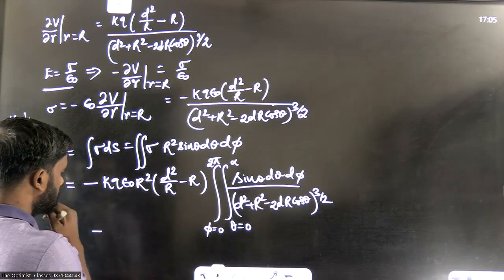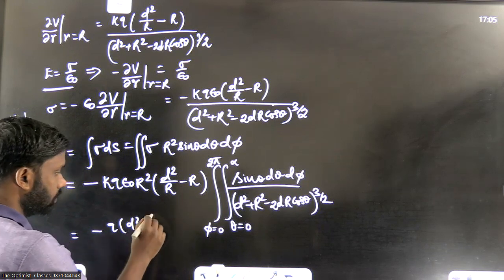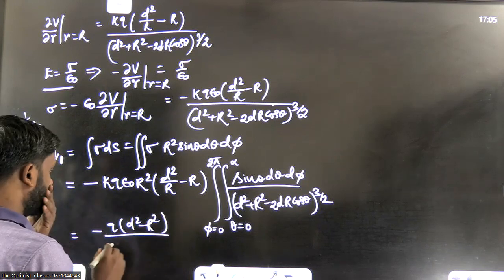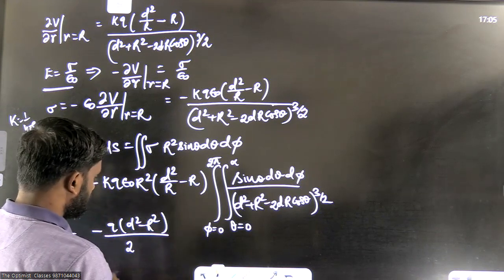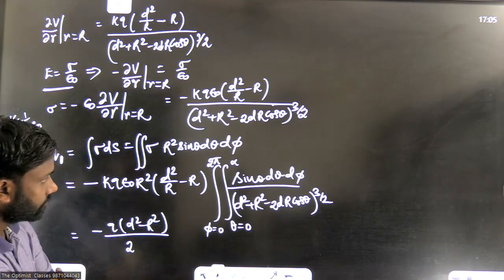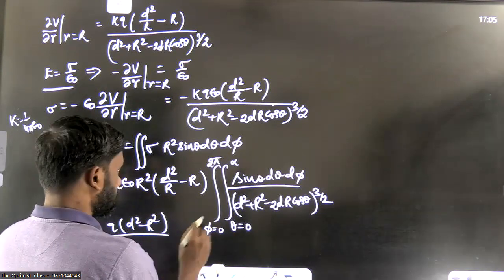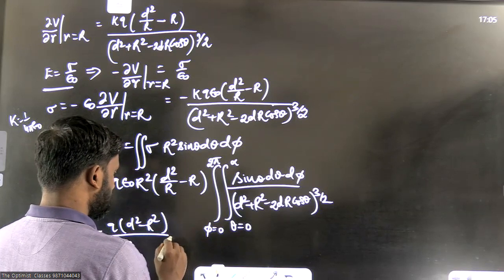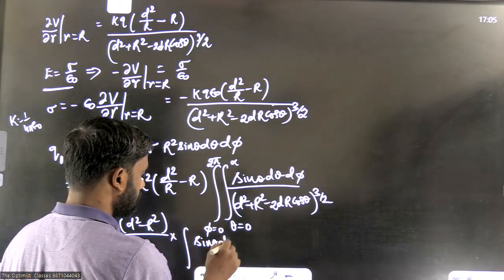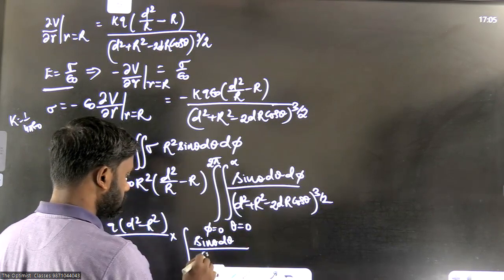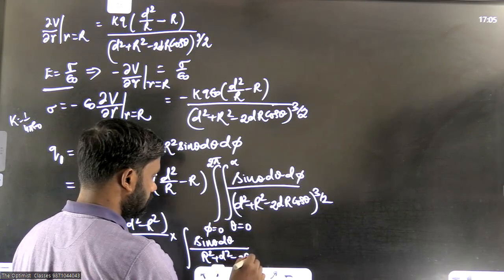You are going to get Q times (D square minus R square), divided by 2. The integration on theta will be left here: the integral of sine theta d theta, divided by (R square plus D square minus 2RD cos theta) power 3 by 2.